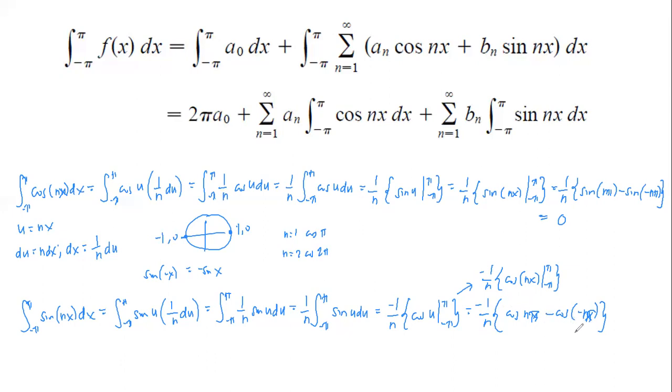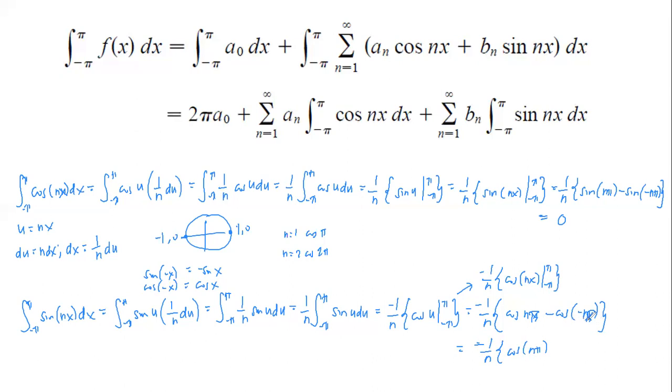Then for this term, recall natin, cosine of negative x is always positive cosine x. So we can rewrite this expression in this form. No? So n pi, then negative cosine negative n pi.